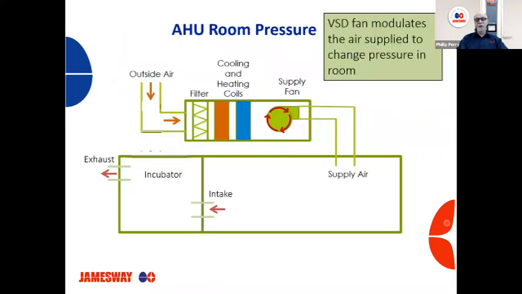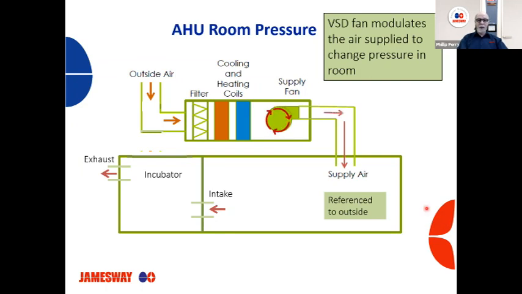Here we have an animation that shows the VSD fan modulates the air supplies to change the pressure in the room. So it either speeds up or slows down. And this is referenced to the outside.